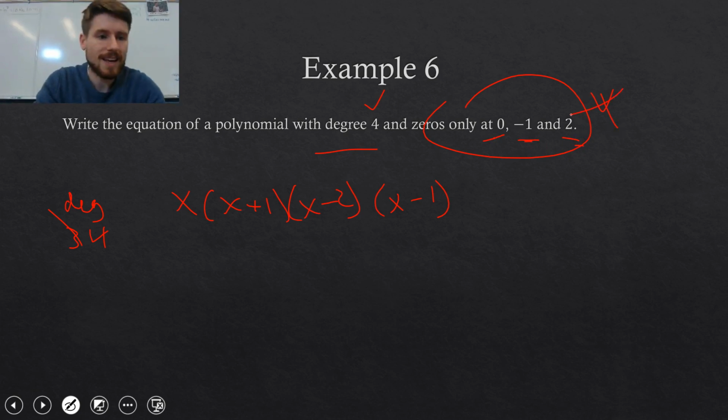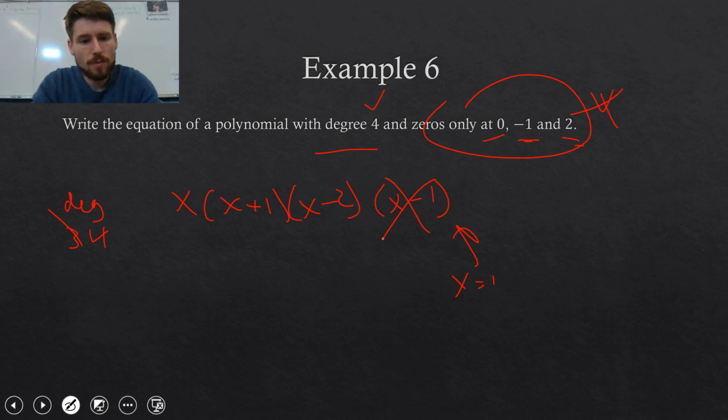So now that condition's not satisfied because I'd have an extra zero, because this would give me x equals 1 as a zero. And so I can't multiply it by a linear factor. Right. So how do I get this degree to go up? Well, you might think, could I just square one of these guys? Maybe like x squared plus 1. That would be degree 4, good.